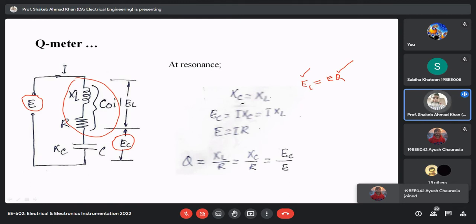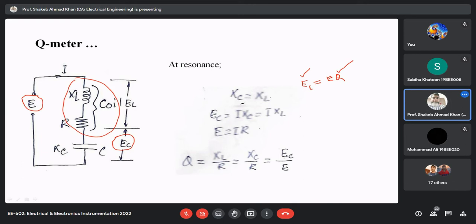I'm summarizing, or rather concluding: resonance is achieved either by varying the frequency of the excitation while keeping capacitance constant, or by keeping the excitation frequency constant and varying the capacitance. Once this is done, the voltage across the capacitance will give you the value of the quality factor of the coil. You have to calibrate it: you divide EC by E, then you will get it.